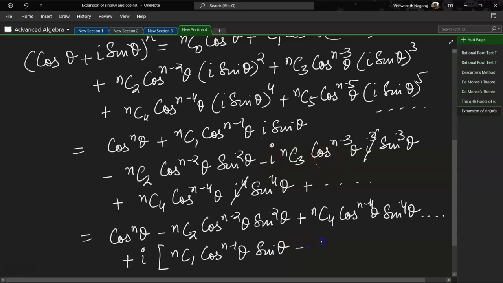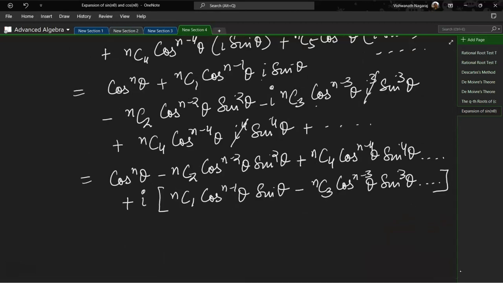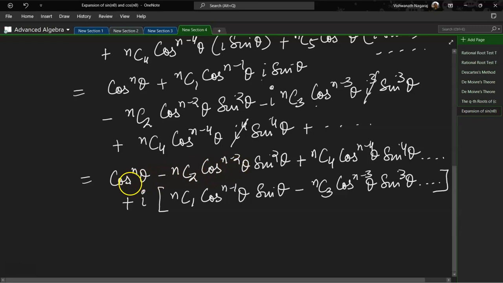So minus nC3 cos^(n minus 3) theta sine cube theta and so on. So if you notice, for real numbers we have mainly even powers of sine, whereas for the imaginary part we have sine with powers of odd numbers.